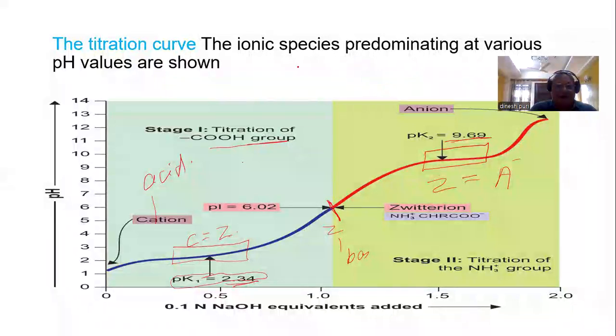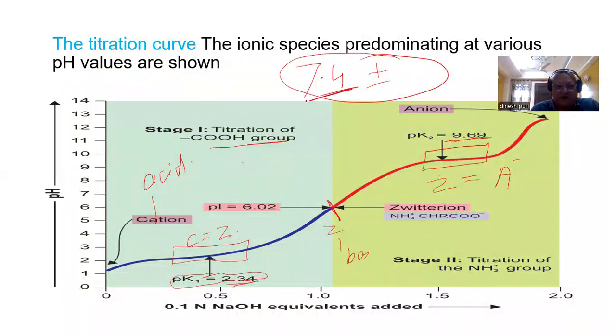But our body pH is 7.4 plus minus. It becomes 7.35 to 7.45. So amino acids are not able to act as buffer at the physiological pH. They are able to act as buffer at the pH of 2.34 and 9.69, not at the body pH.